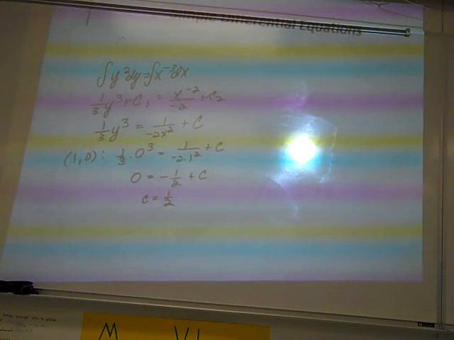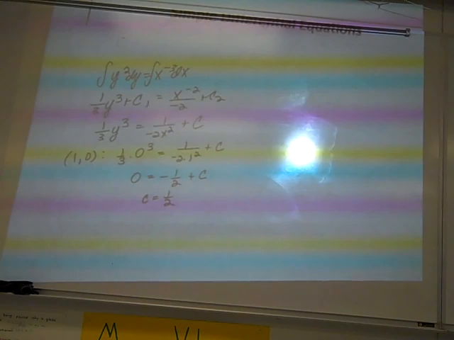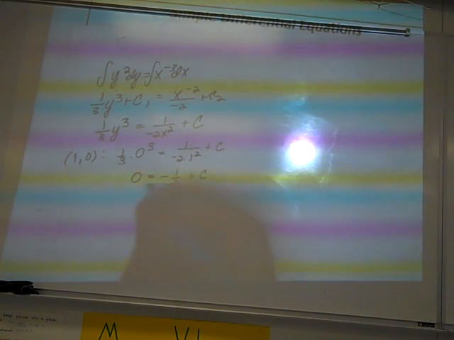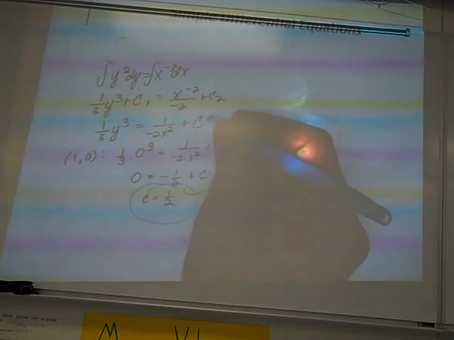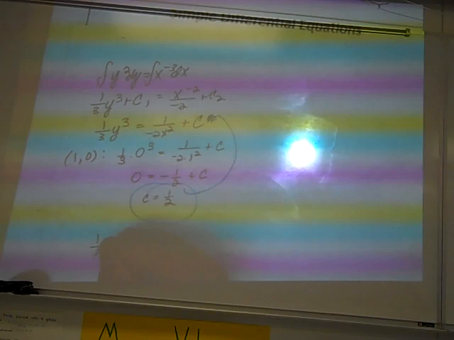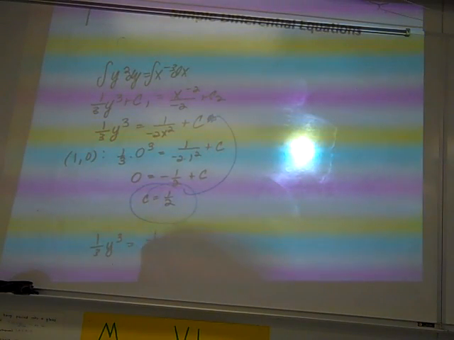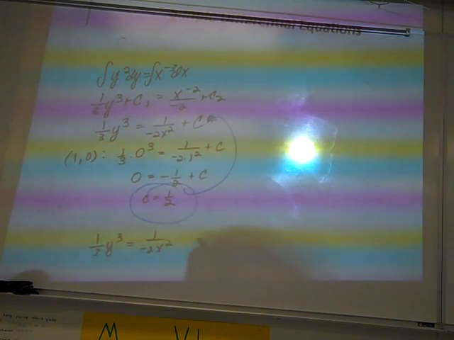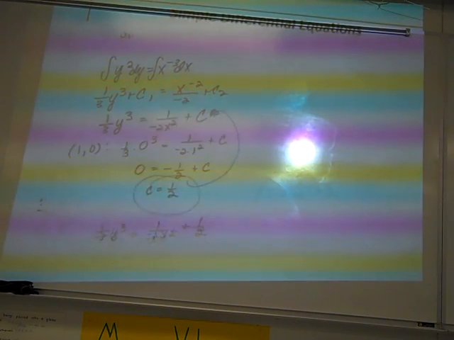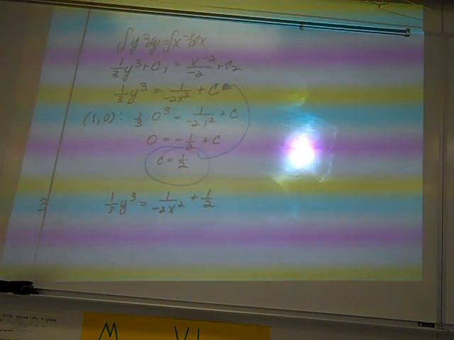Now, before you panic too much, we are using c differently here. We're saying that c is this guy right here. If I rewrite the problem, I have 1/3 y cubed equals 1 over negative 2x squared plus a half. Let's finish solving this for y.